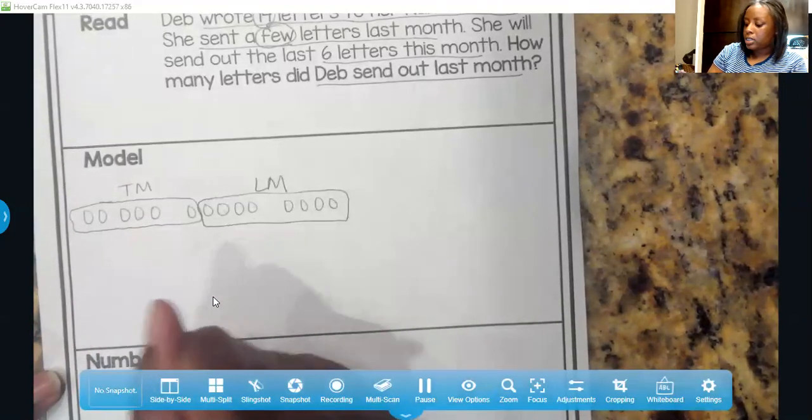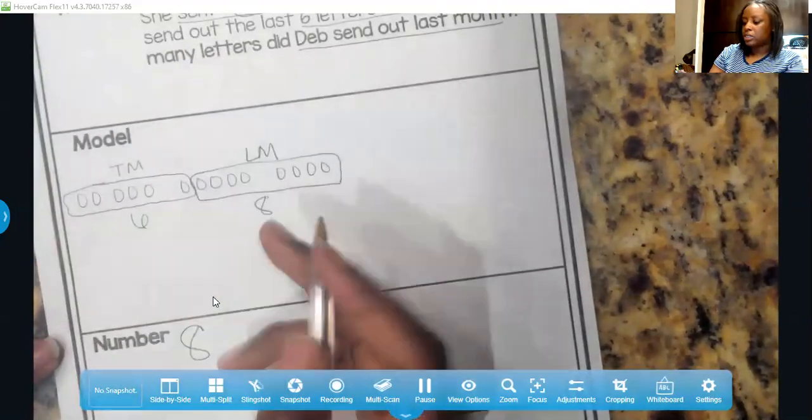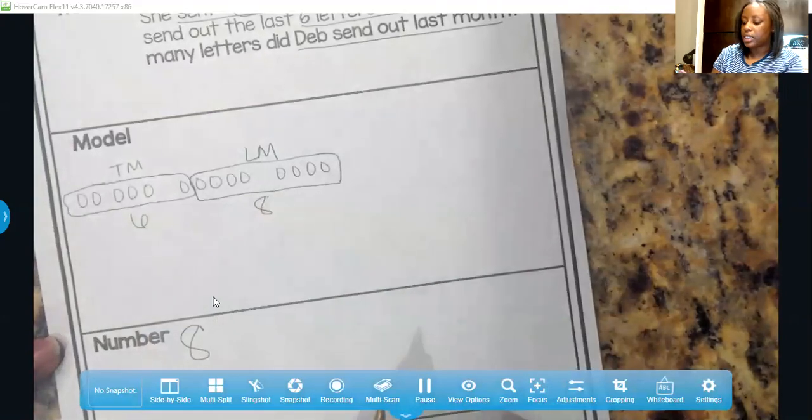So 8 letters is what she sent. 6 is what she sent this month. And we know that 6 plus 8 is going to give us 14. And a number sentence that you could have used is 6 plus 8 equals 14.